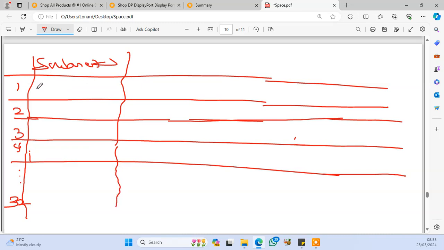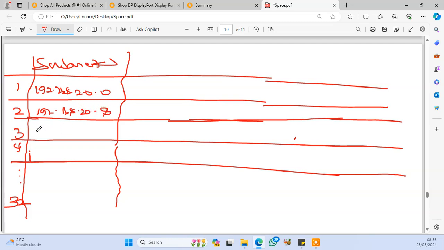So the first subnet here will be 192.168.20.0. Now, if I need the next subnet, I will use the magic number. The magic number is 8, so I will add 8 on this. The second one will be 192.168.20.8.